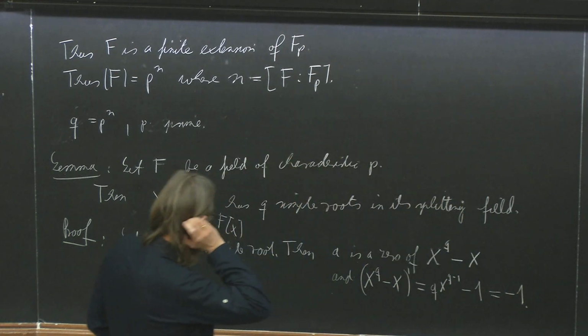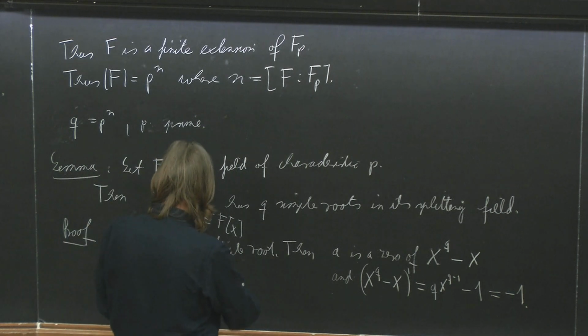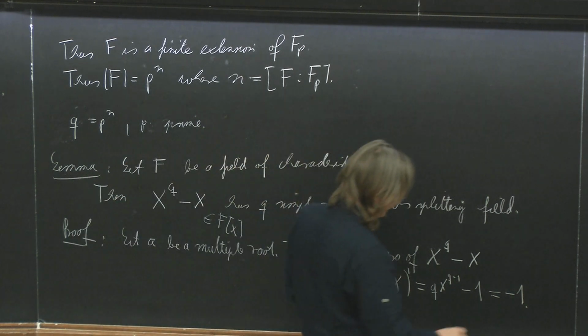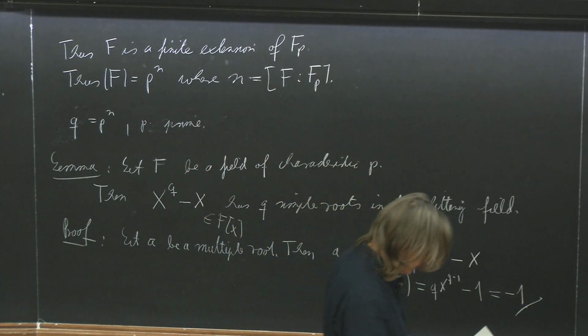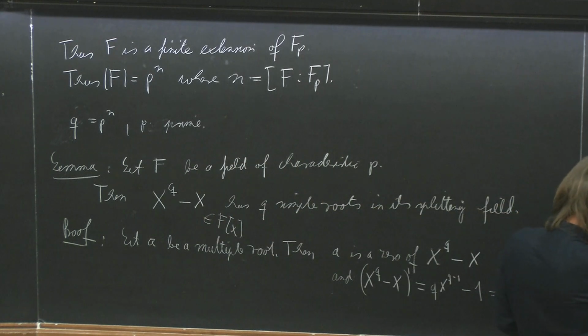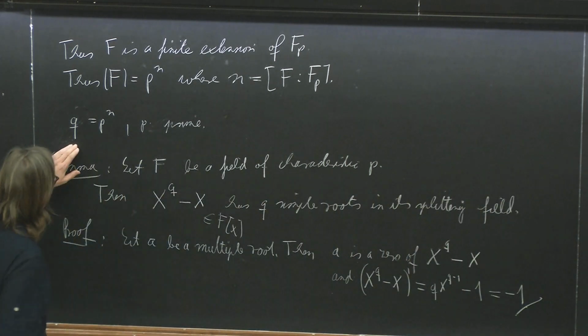So there is no such zero, and so there is no multiple root. And so all the roots are simple. And so now we want to show there exists a field with q elements.